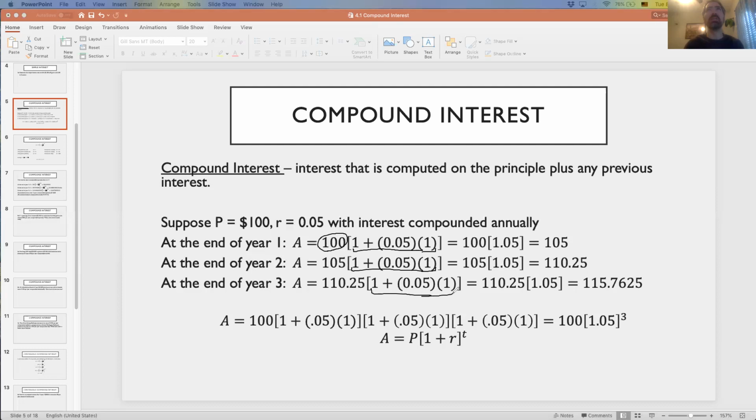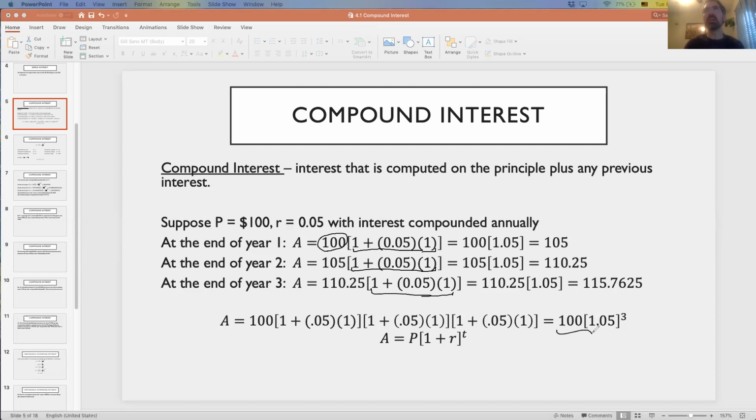So to summarize that, to write it as one line, we're multiplying 100 times 1.05 times 1.05 times 1.05, or I can summarize that as 100 times 1.05 to the third power, right? I'm multiplying 1.05 3 times.